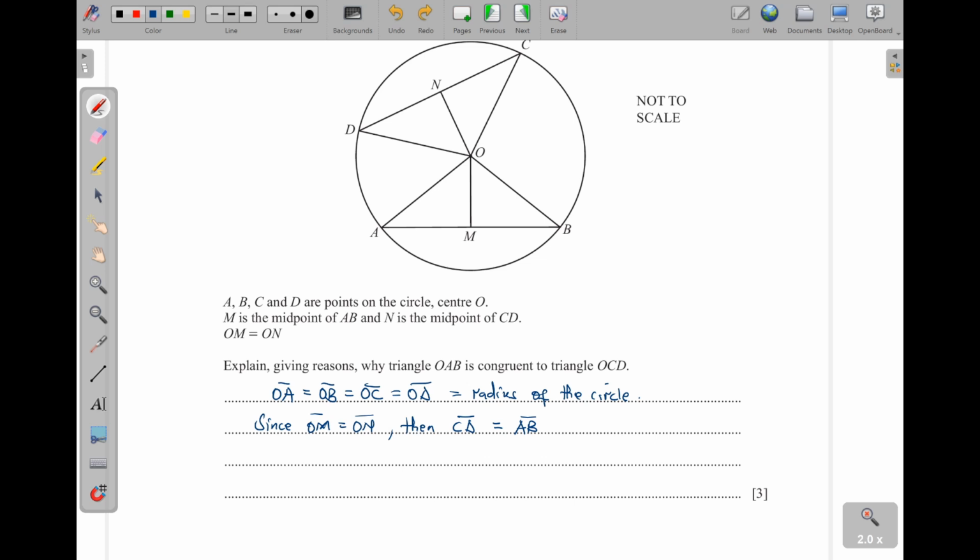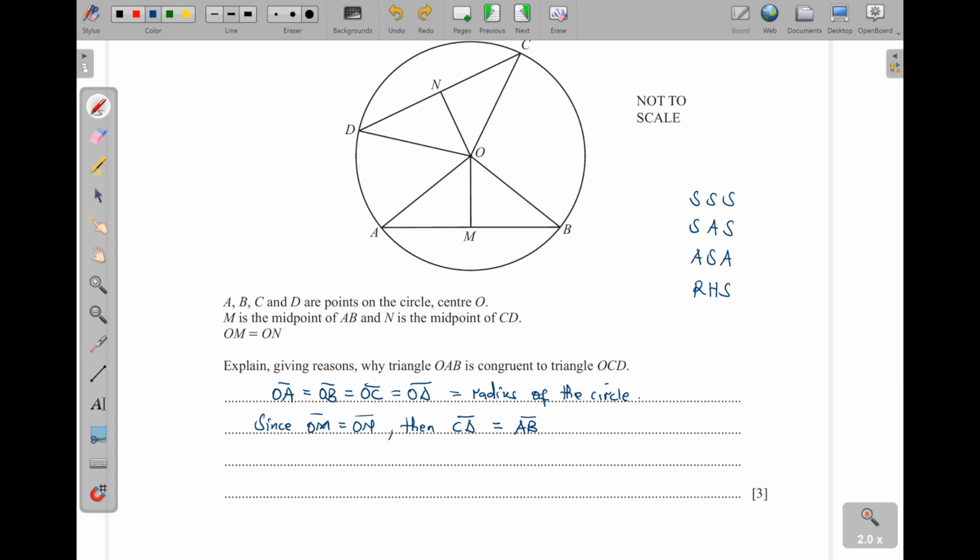So I've used the criterion, because there is a criterion you are supposed to put down. Have you used side, side, side? Have you used side, angle, side? Have you used angle, side, angle? Or RHS, where you have a right angle triangle? So for this case, we have used side, side, side.